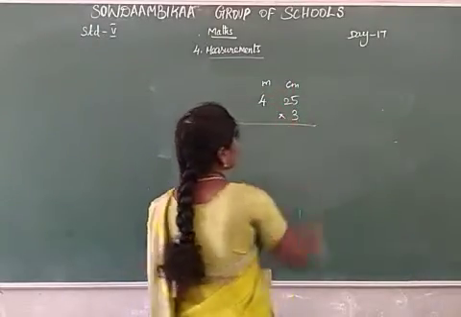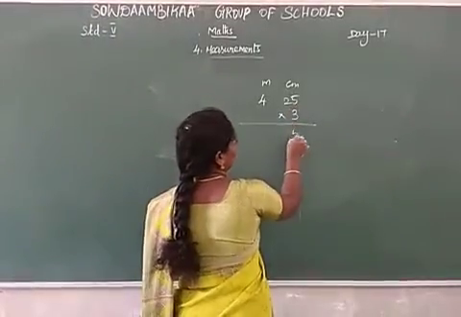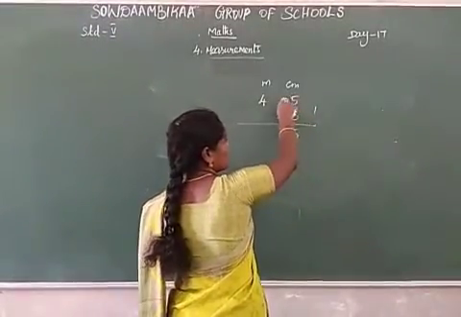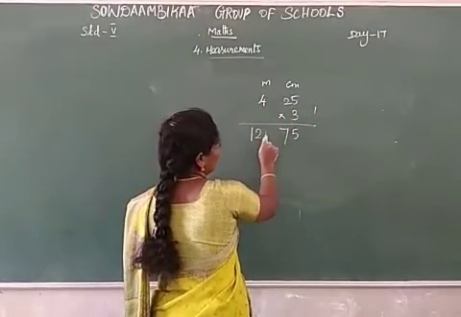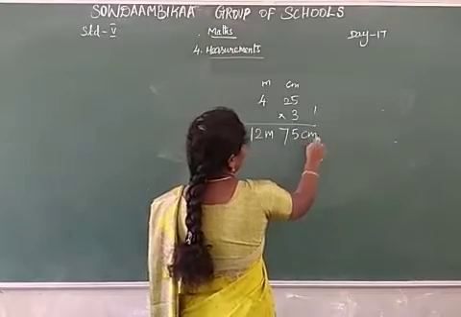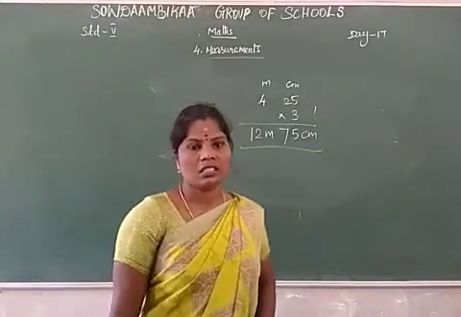So multiply by 3. 5 threes are 15, remaining 1. 2 threes are 6, 6 plus 1, 7. 4 threes are 12. So the answer is 12 meter 75 centimeter.